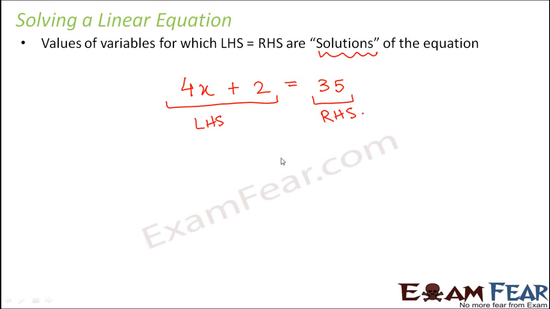So how will we solve this equation? Whatever we do in order to find the value of x, we always need to ensure that at every step LHS should remain equal to RHS. So if we want to subtract something or add something, we have to do it on both sides so that the balance is maintained.